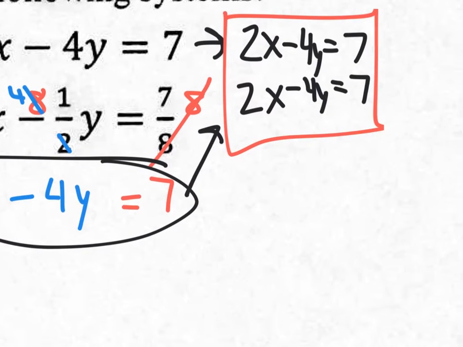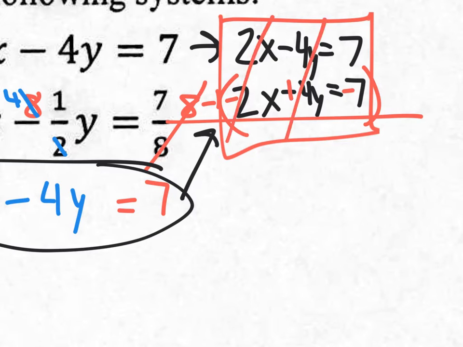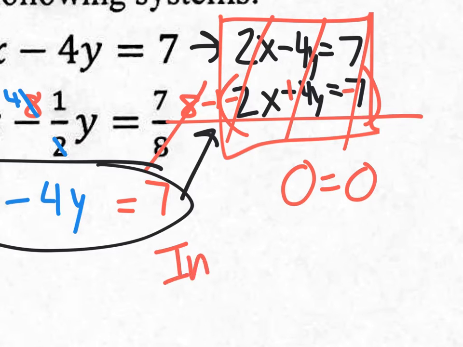If you try to cancel something out, you multiply the bottom one by negative 1. It changes all the signs, which means that when you combine them, this cancels, this cancels, that cancels, you get 0 equals 0. Is that a true or false statement? That's true. That's always true. So the answer to this system is infinitely many solutions.